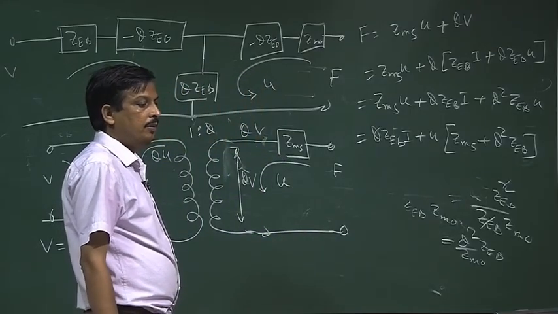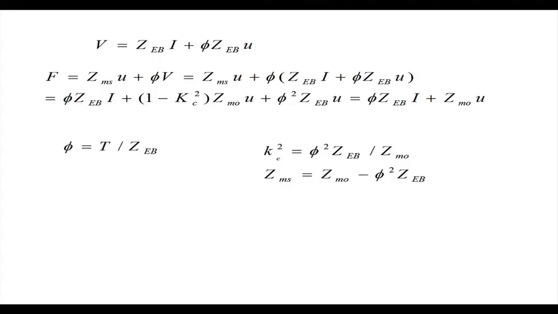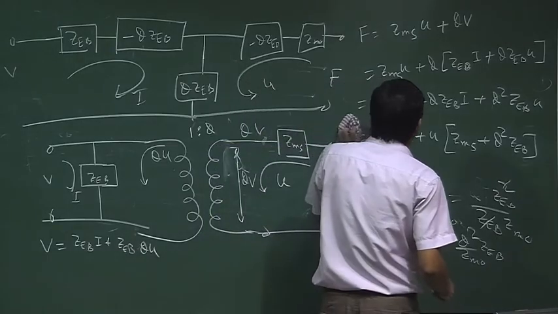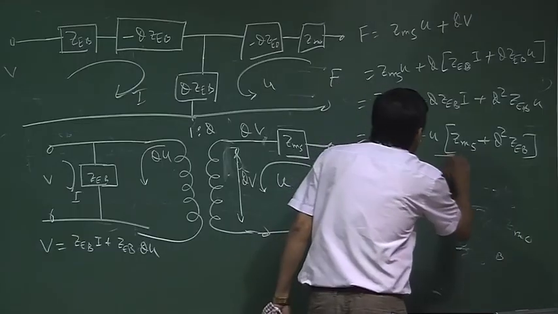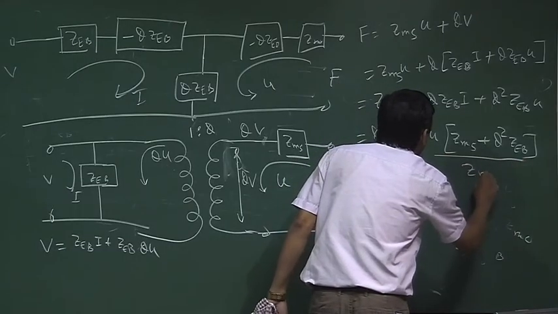Okay, phi square ZdB. So, from the relationship between ZMS and ZdB, this is nothing but ZMO.